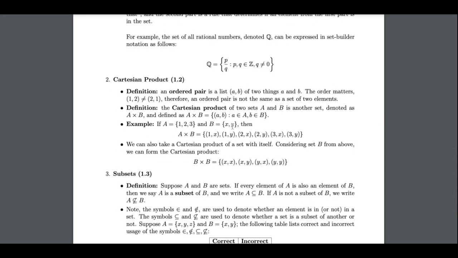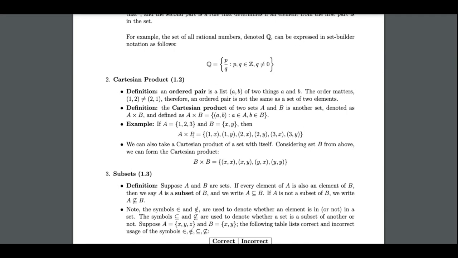B has elements X and Y. Then the Cartesian product A cross B would be (1, X), (1, Y), (2, X), (2, Y), (3, X), (3, Y).